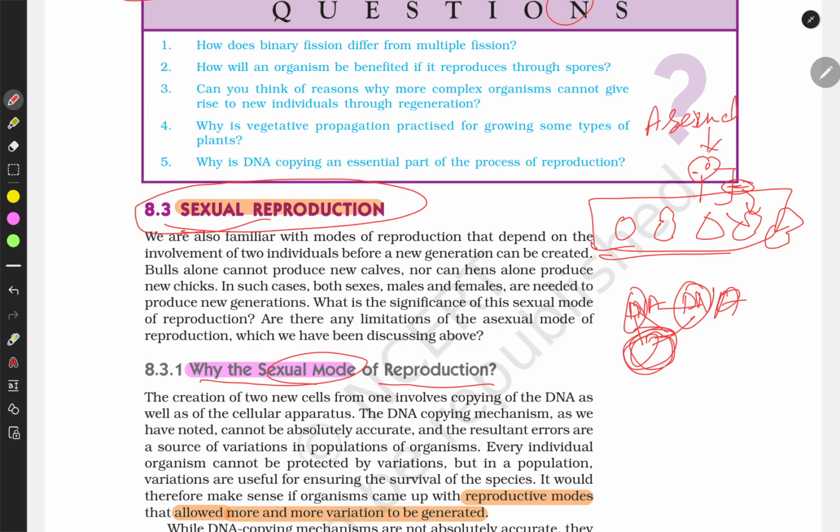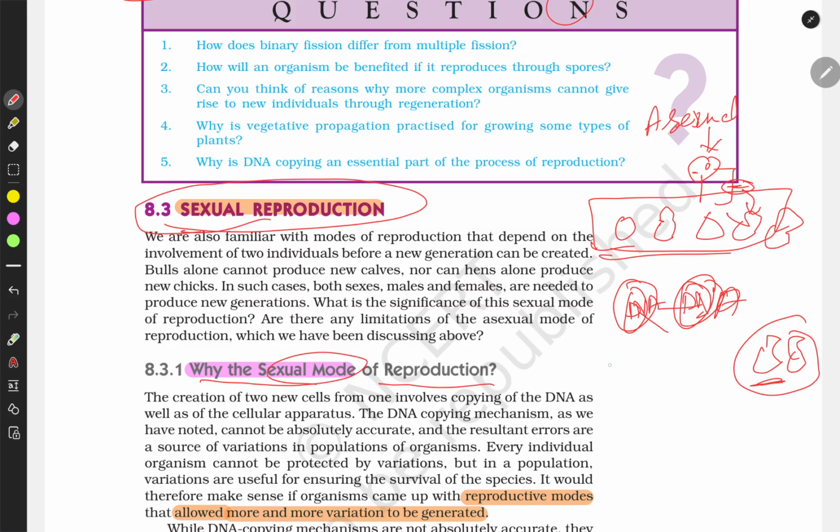In this case, the newly created individual has a lot of variations. So in case of adverse environmental surroundings, some may die, but there is still a possibility that some may survive.